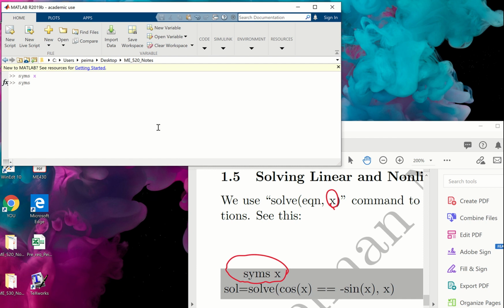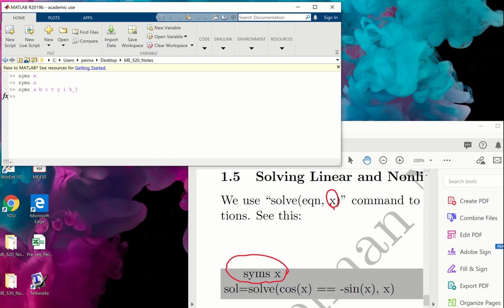Or say syms a means that a is a symbolic variable. Or you can define many of them: a, b, r, t, y, I, or k1. After this, whatever they are, they can be solved symbolically.